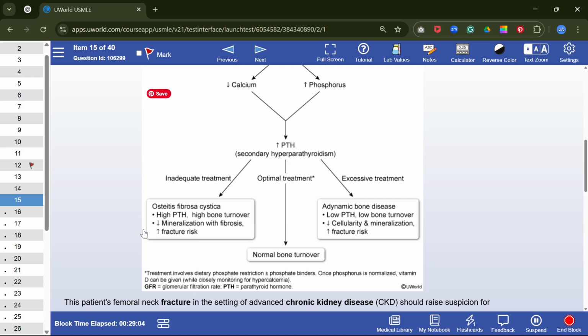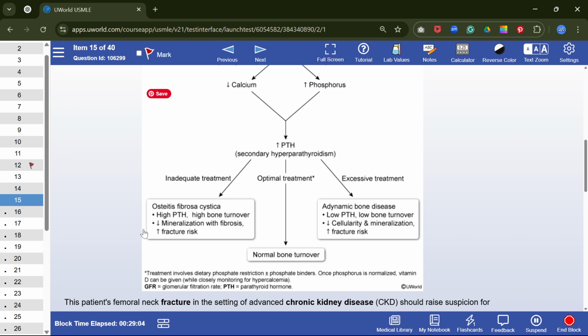So in secondary hyperparathyroidism, if there is inadequate treatment, there may be osteitis fibrosa cystica: high PTH, high bone turnover, decreased mineralization with fibrosis, and increased fracture risk. If there is excessive treatment, adynamic bone disease: low PTH, low bone turnover, decreased cellularity and mineralization, increased fracture risk.